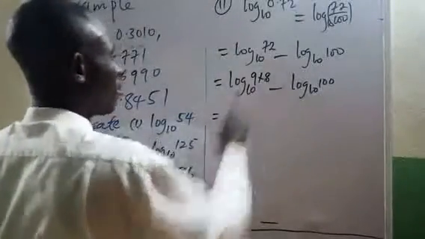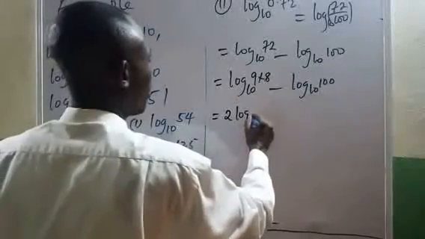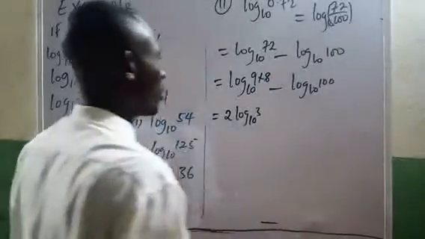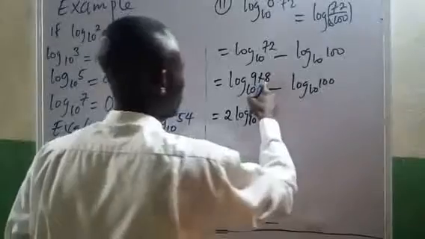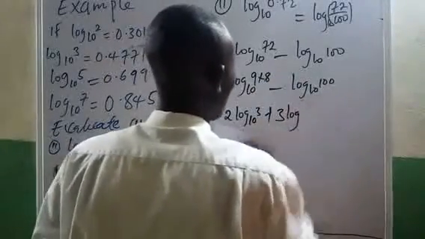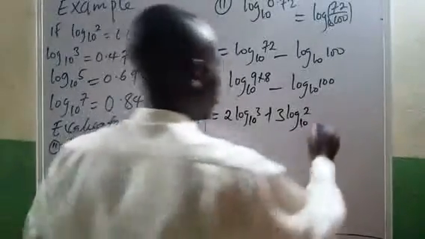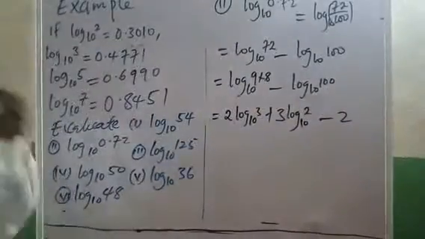So this is times is plus, so you have 2 log 3 to base 10. 8 is what? 8 is 2 raised to the power of 3. That would be plus 3 log 2 base 10 minus 2, because log 10 of 100 is 2.